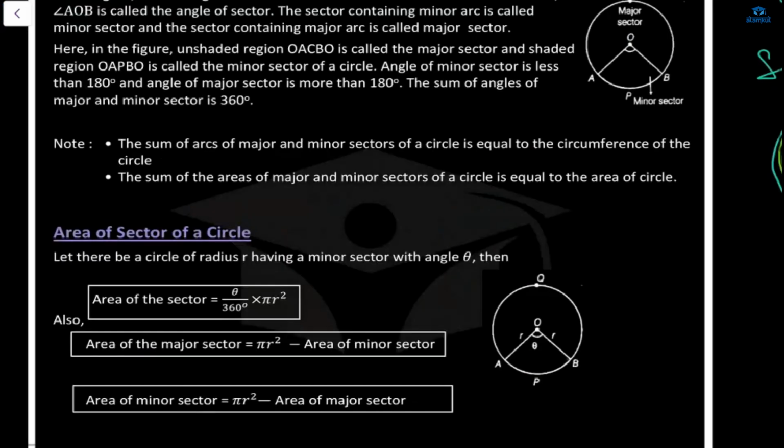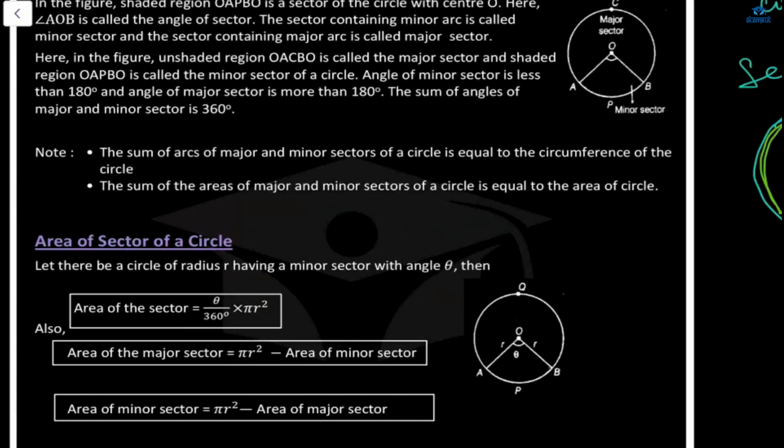Now, important points to remember. This is more important: the angle of a minor sector is less than 180 degrees and the angle of a major sector is more than 180 degrees. And the sum of the angles of the major sector and minor sector is 360 degrees, because we already know that the angle that the circle makes at the center is 360 degrees.